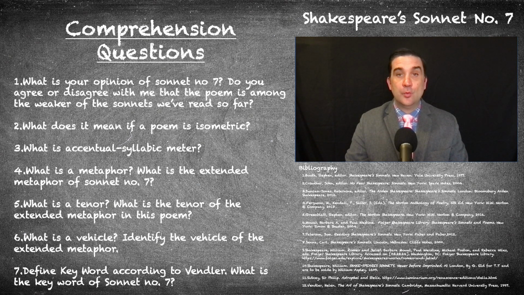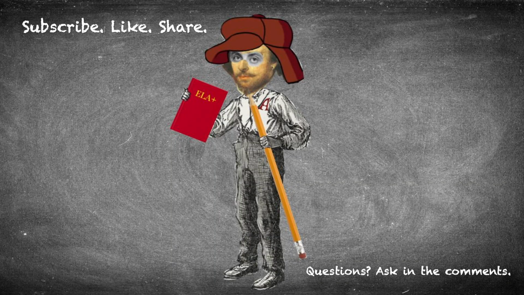Number 5. What is a tenor? And what is the tenor in this poem? Number 6. What is a vehicle? And what is the vehicle of this extended metaphor? Number 7. Define the term key word according to Helen Vendler. And what is the key word of Sonnet No. 7?